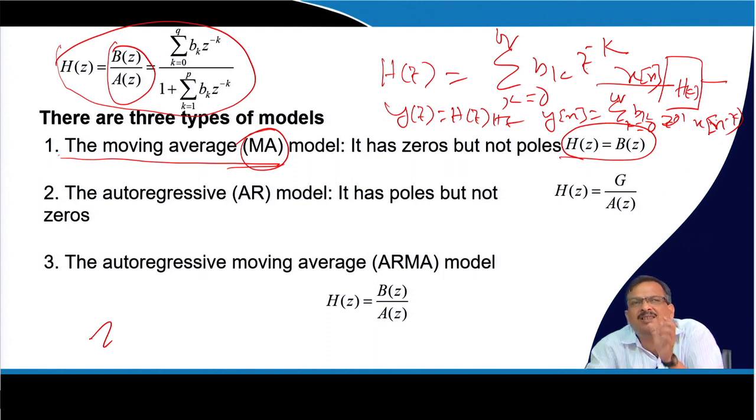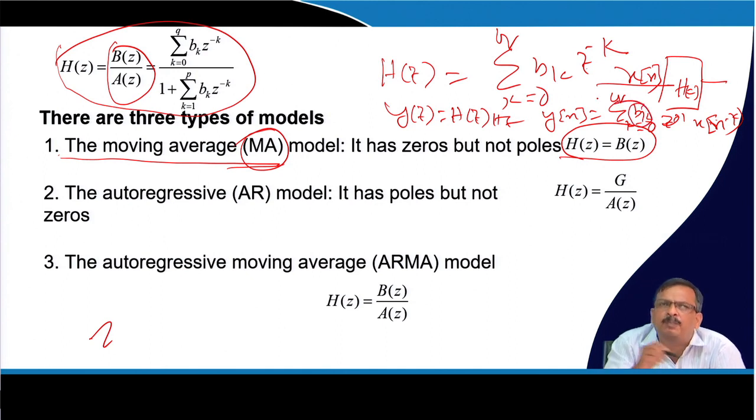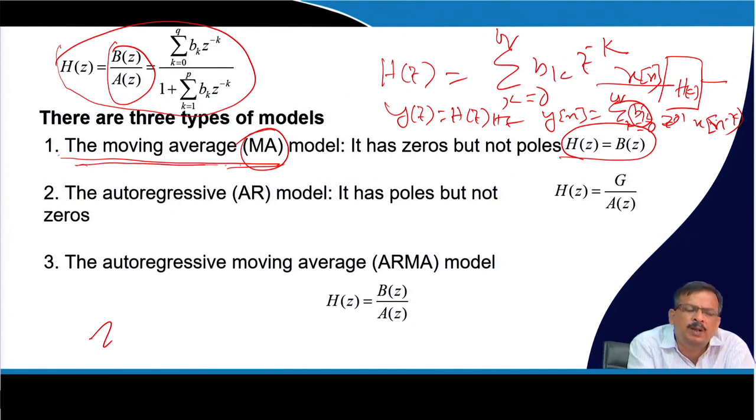So from the previous q samples, I am doing a moving average multiplied by the coefficients b_k. That's why it is called a moving average filter.